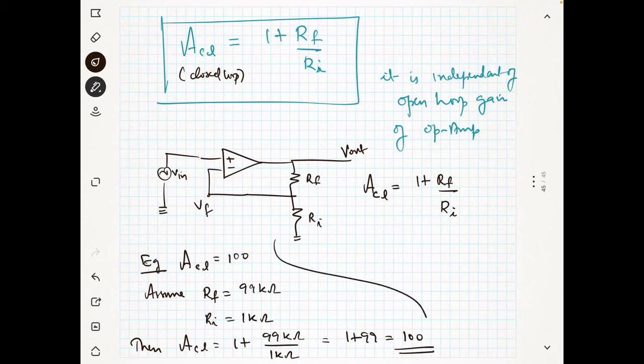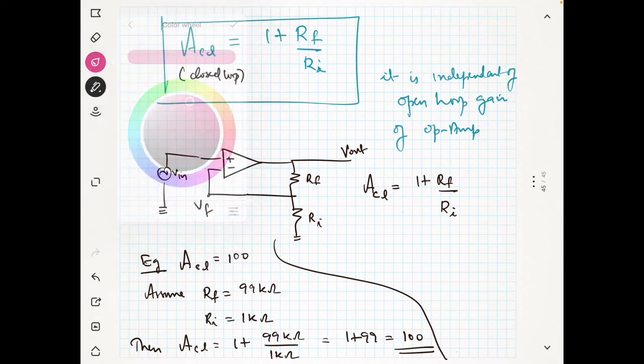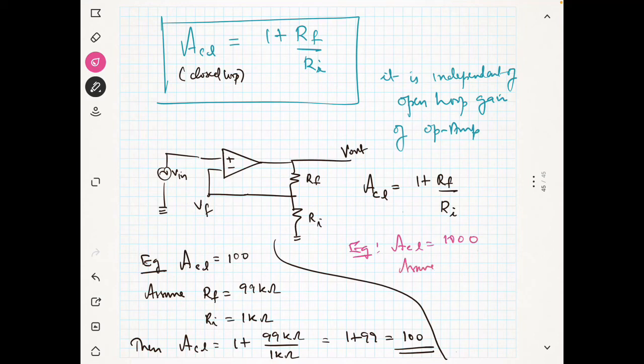Now for another example, suppose you want a closed loop gain of 1000. Okay, now I will take a resistance, you can use anything, of say 999 kilo, and I will take another resistance Ri, which is of 1 kilo.